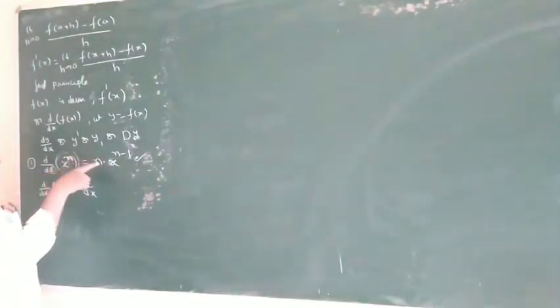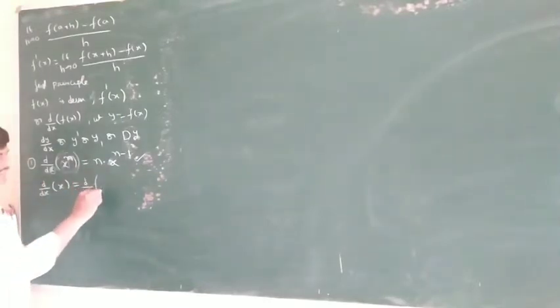The derivative of x power n is n into x power n minus 1. This is the formula.